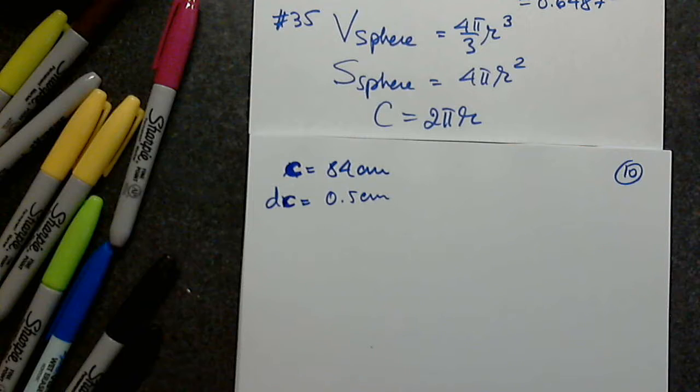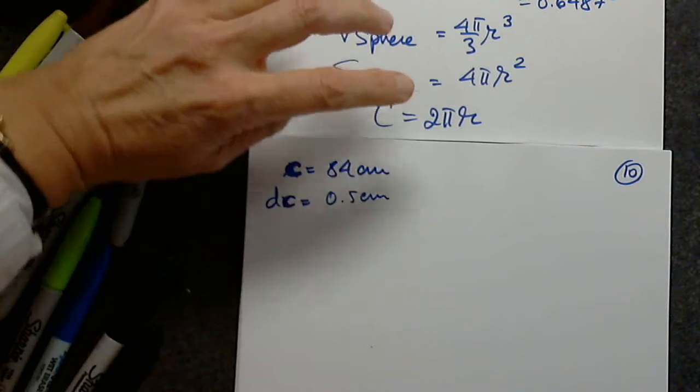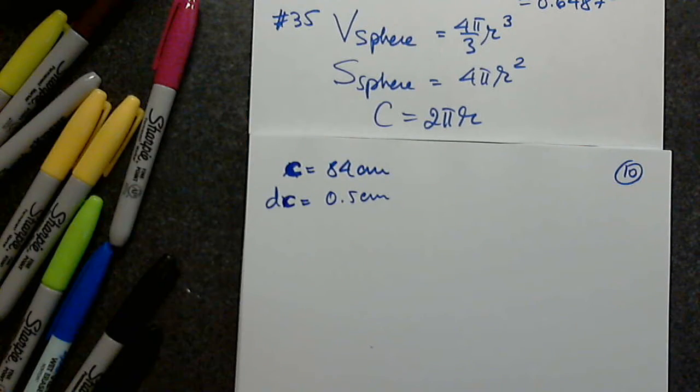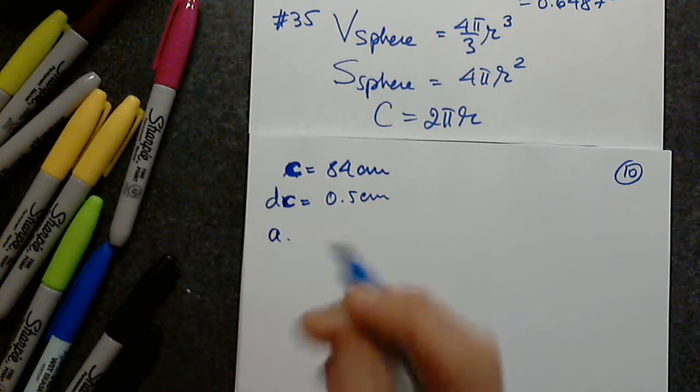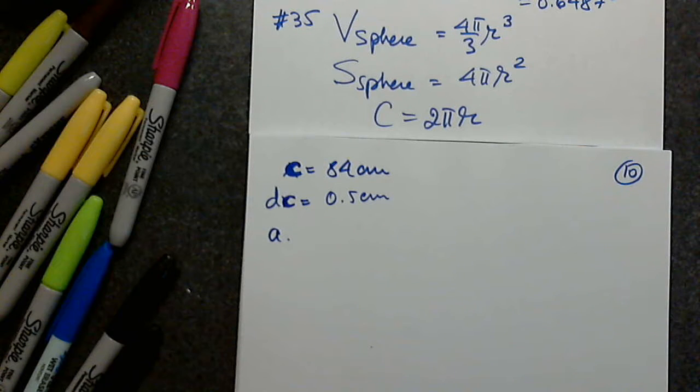So we have to use this notation, unless I change this into x, but I would like to use C. The circumference of a sphere was measured to be 84 centimeters with a possible error of 0.5. Perfect. So in part A, use differentials to estimate the maximum error in the calculated surface area.